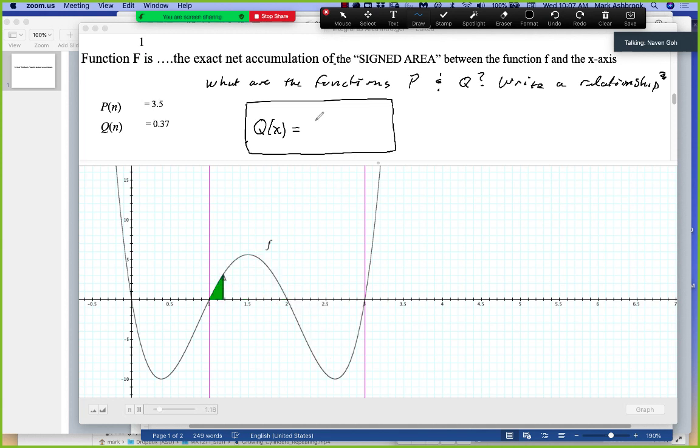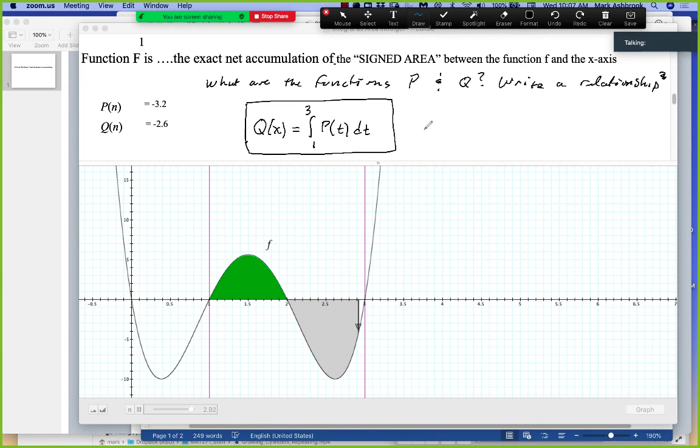So the integral from 1 to 3 of p of n dn. Sure, we could use n. I'm going to use t because we usually use t, but n would be fine. Okay, what do we think? Do we agree with that?